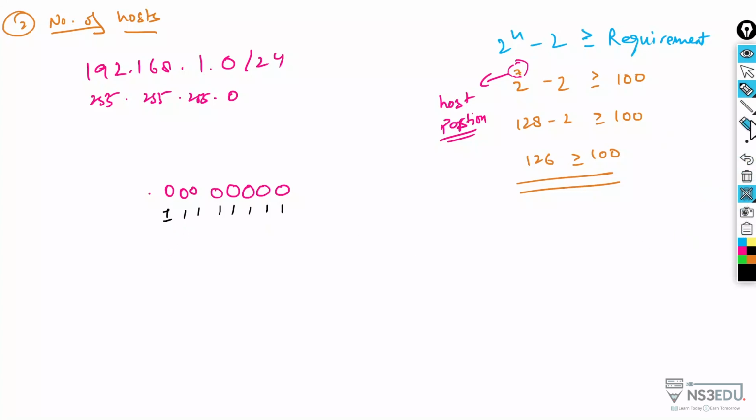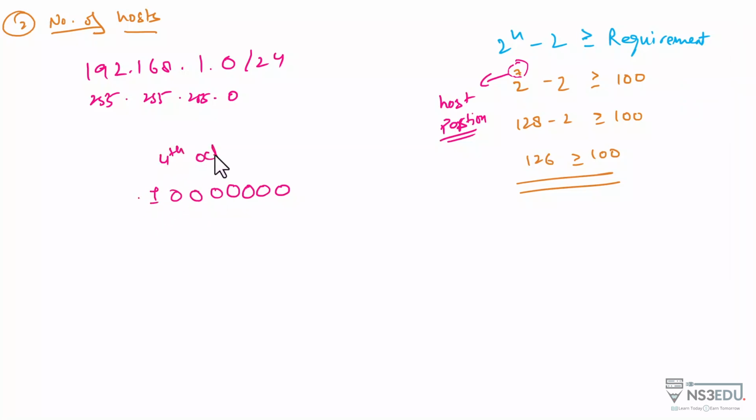So my subnet mask is going to be something like this: 1 2 3 4 5 6 7 and 8, fourth octet, remember this.